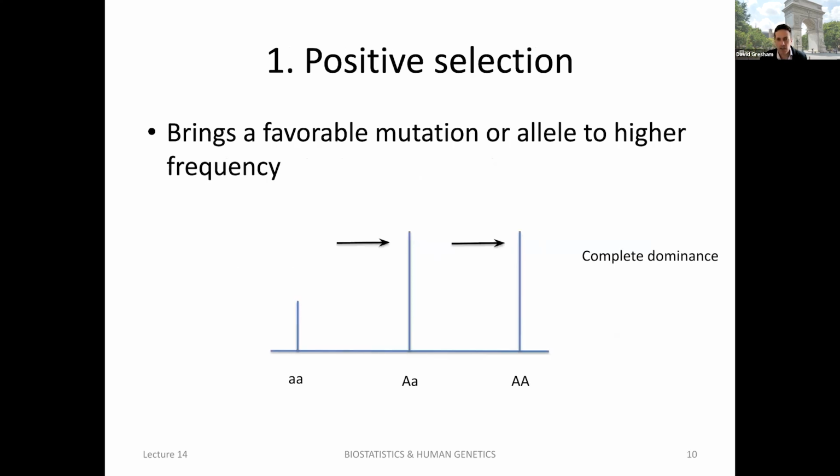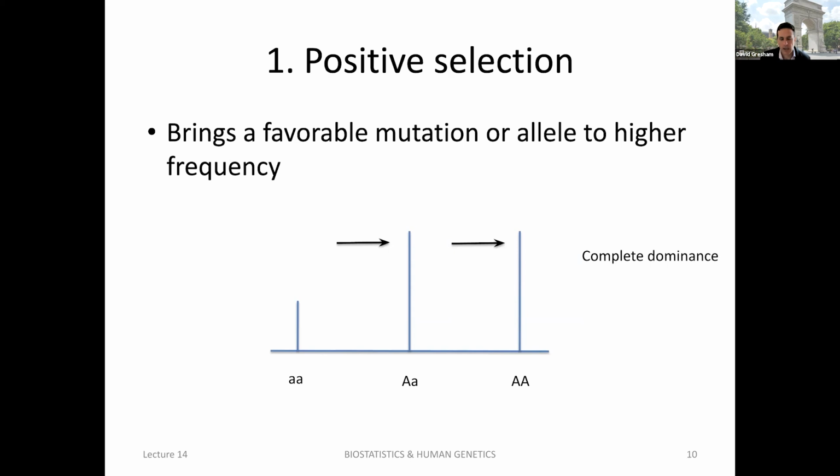We can have positive selection. You're familiar with this concept, which is going to bring a favorable mutation to higher frequency in the population. So in the case of complete dominance at the A locus, both the heterozygote, big A, little a, and the homozygote, big A, are more fit than the little a individual. And so that's going to increase the frequency of the big A allele in the population.